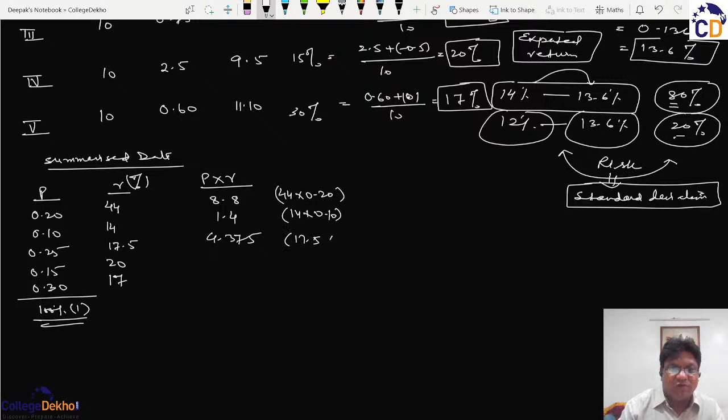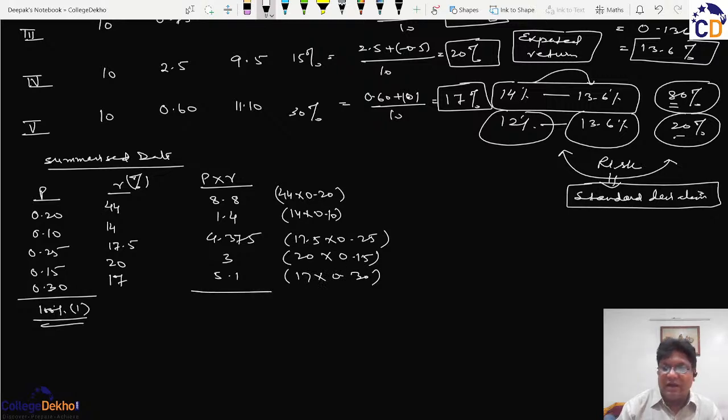This will come out to be 3%, that is 20 multiplied by 0.15, and this will come out to be 5.1, that is 17 into 0.30. And if we add all of them, this comes out to be 22.675 percent. This is what you call the expected rate of return.